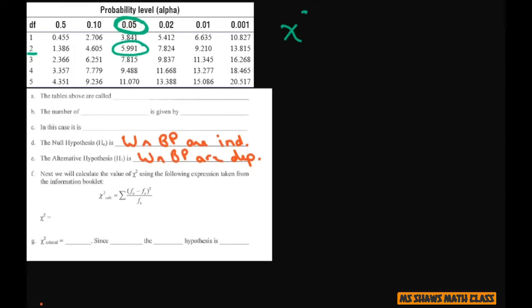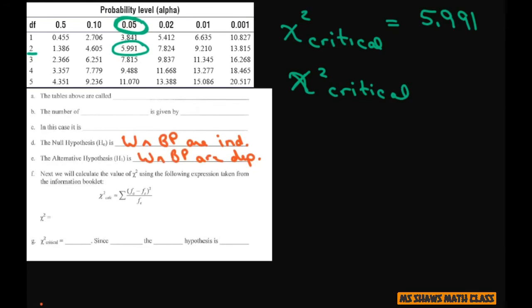So our chi-squared critical equals 5.991, and that is less than our calculated, because 5.991 is less than 8.53.